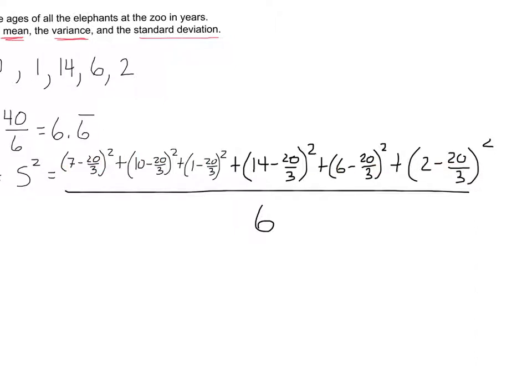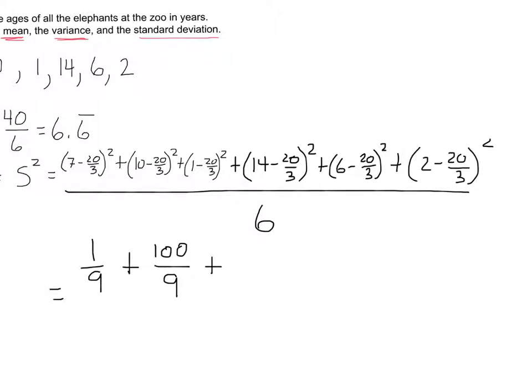So I've got, the first one looks like it is 1/9. I don't know why I wrote 1/3. So I've got 1/9 plus, what's 10 minus 20/3 squared? 100 over 9.